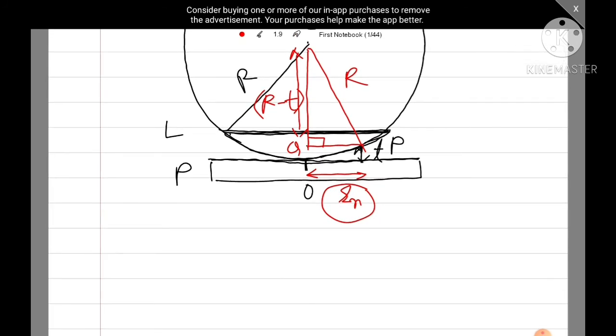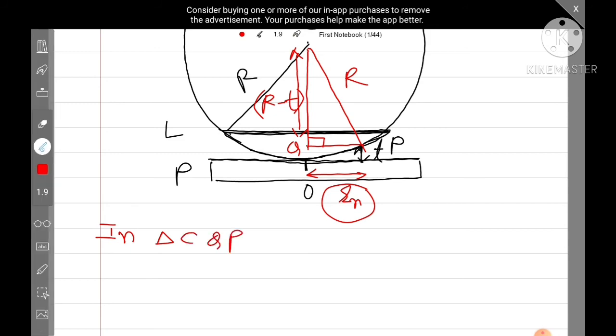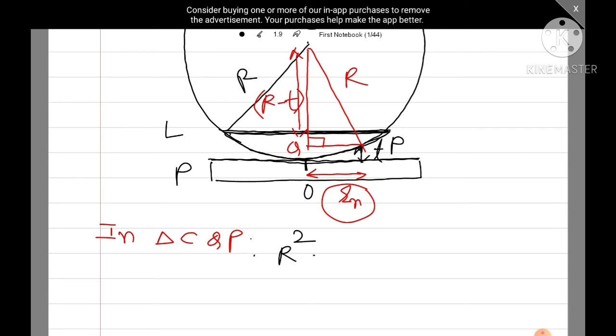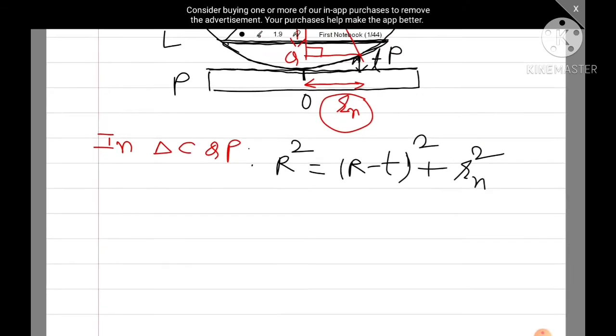In triangle CQP we have capital R square is equal to R minus t whole square plus Rn square.